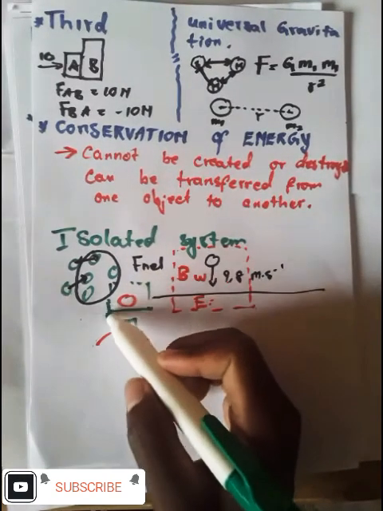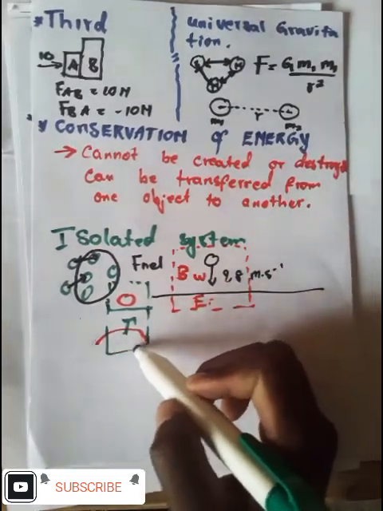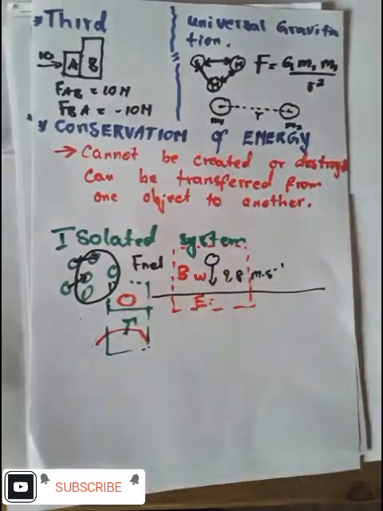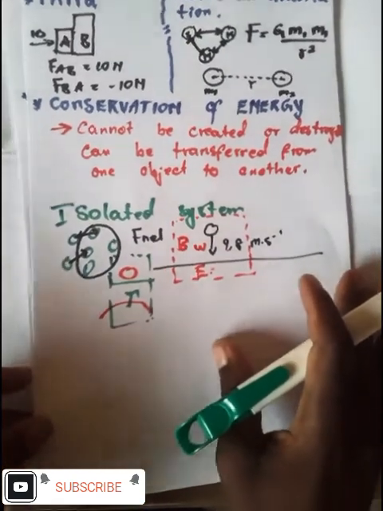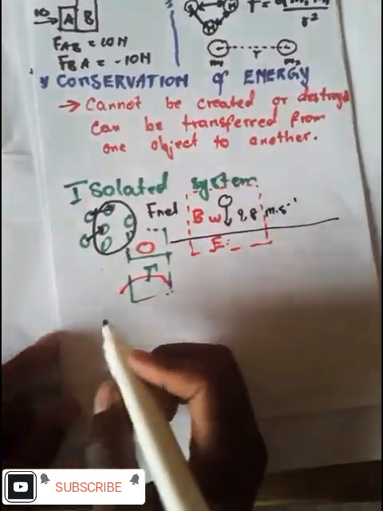But if we consider also the earth in the system, the force that caused the object to fall also comes from the system. Therefore, we're saying that that system is isolated. We have no external force, no outside force acting on the system. So that's an isolated system.